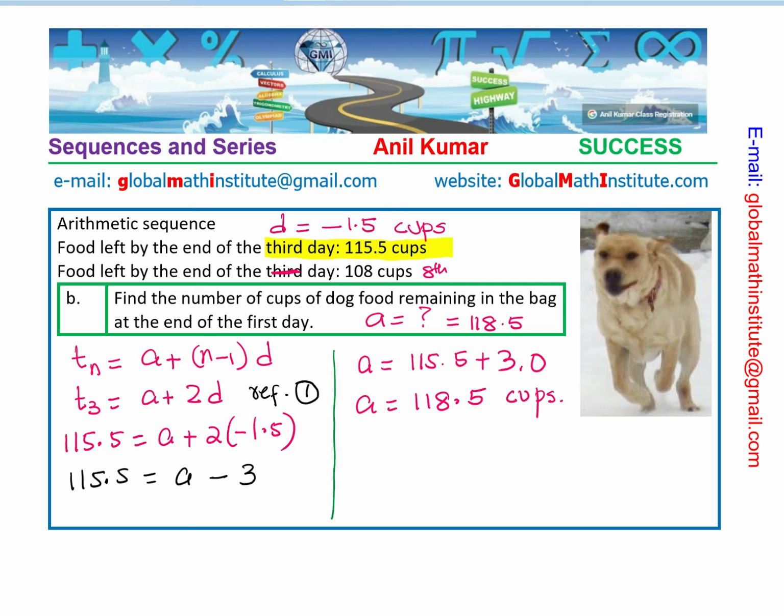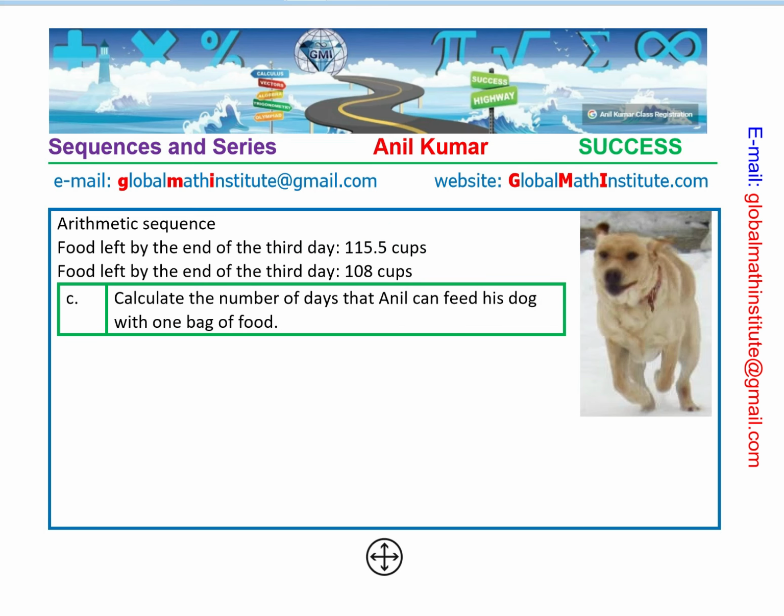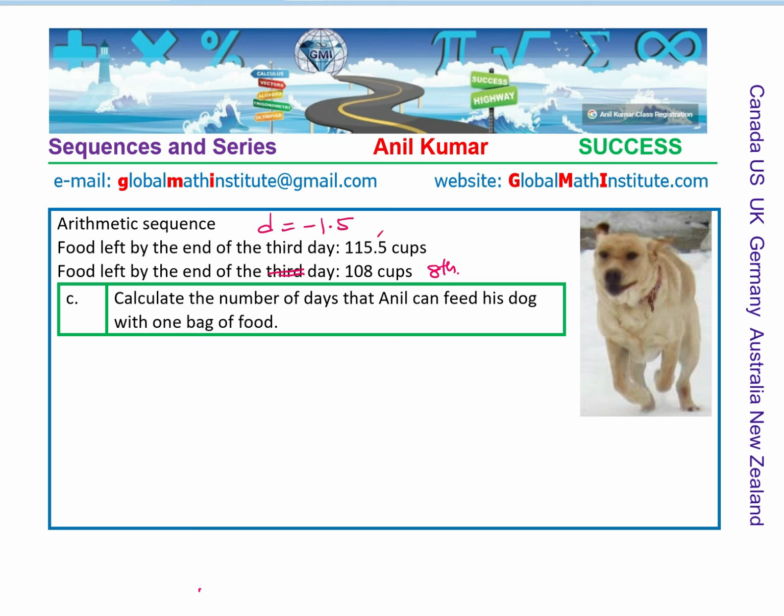So with that information, let's move on to part C. Now in part C, we have found the value of D earlier as minus 1.5, and also now we found the value of A, which is 118.5.